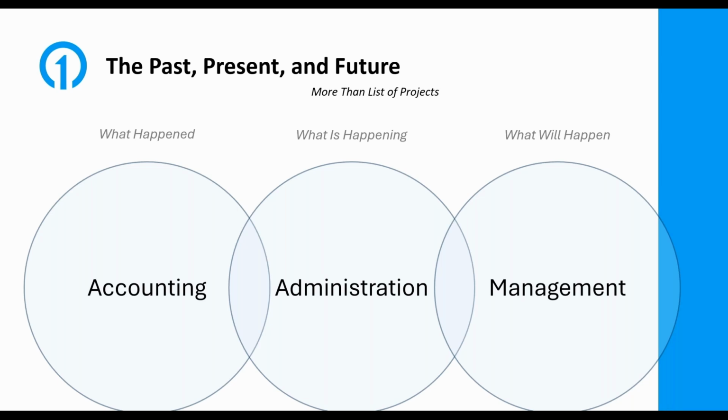And management, of course, is ultimately somewhat about administration and accounting as well. But when you conceptualize these things on a spectrum, you start to realize that when you implement a portfolio management system, it's more than simply gathering time in a timesheet, for example. That would be what happened. And it's more than simply what is happening. The notion of the present is a little bit fungible. Let's just say it's this week.